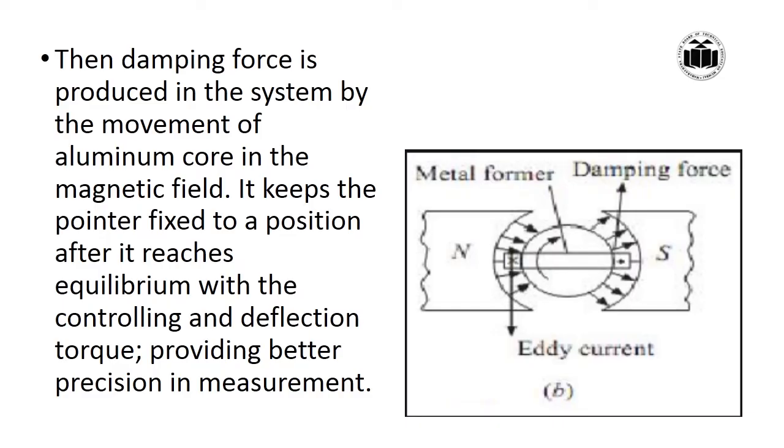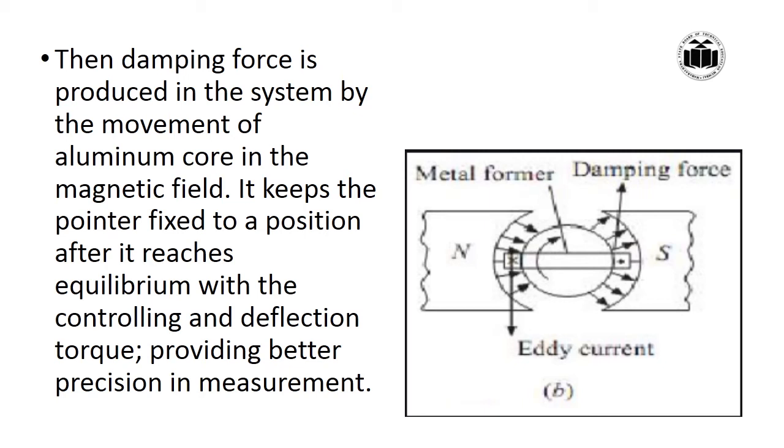Then damping force is produced in the system by movement of the aluminium core in the magnetic field. It keeps the pointer fixed at a position after it reaches equilibrium with the controlling and deflection torque, providing better precision in measurement. We have seen damping is very important because the scale should not oscillate in its final steady state condition.